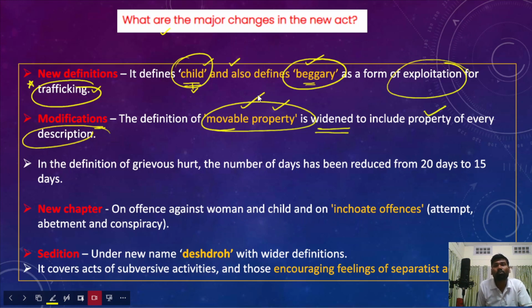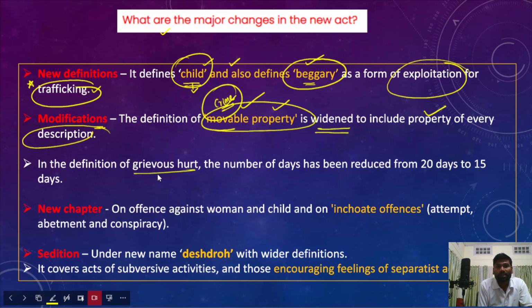Now when the definition of movable property is widened, it prevents money laundering or even tax evasion. It will cover wider property, and that could also significantly increase the tax revenues of the government, and it will also prevent crime or civil disputes which are associated with the movable property of the people, right?